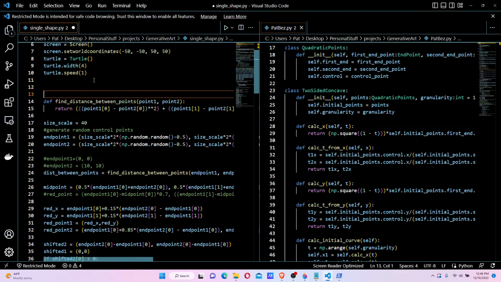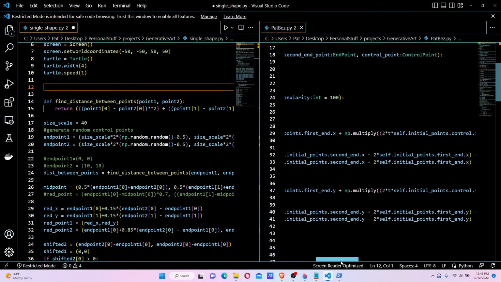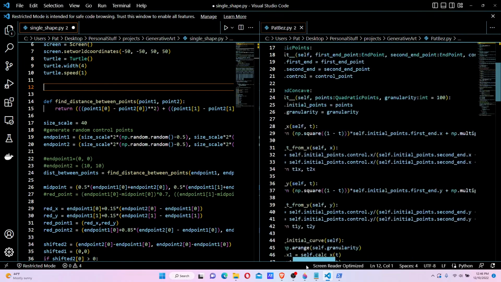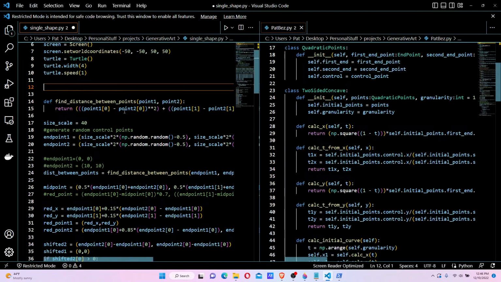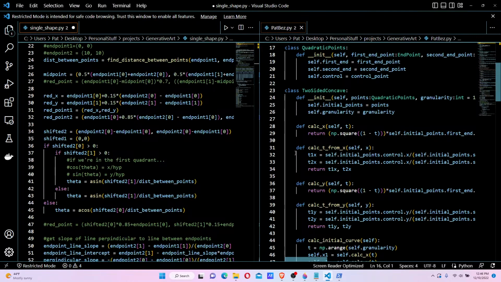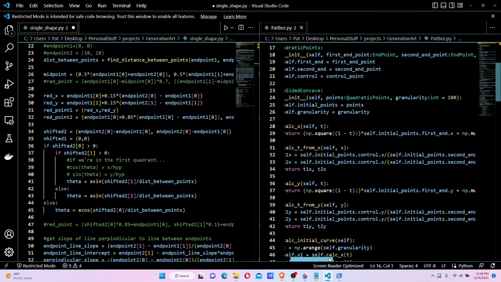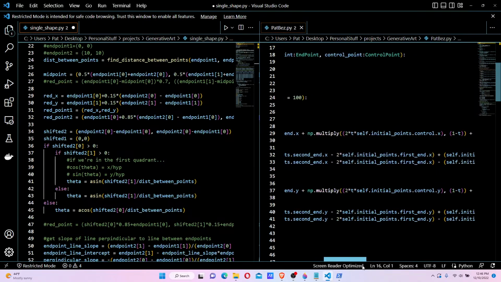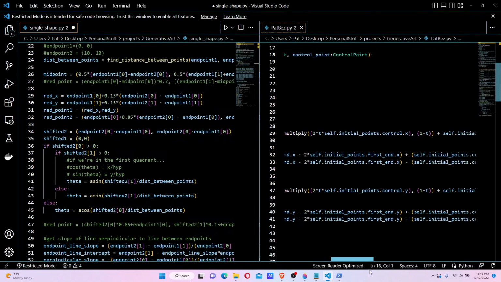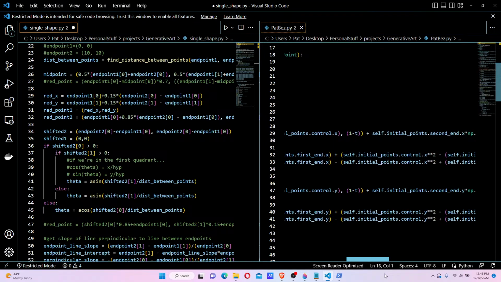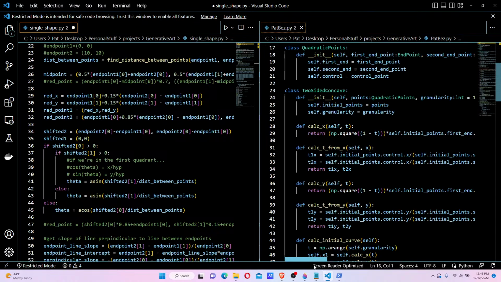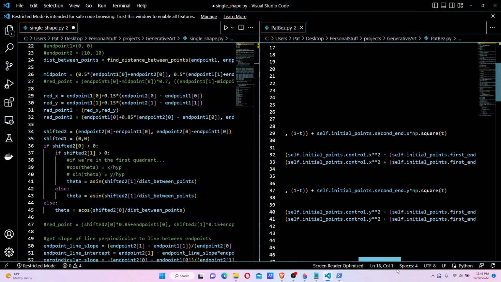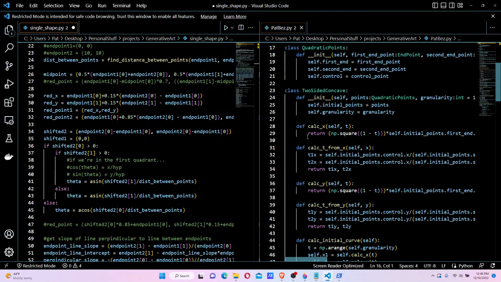So we have a Bezier curve. First and x. Okay. So initial points.first n.x plus 2 times t times the control point x, comma, don't know how that would work.